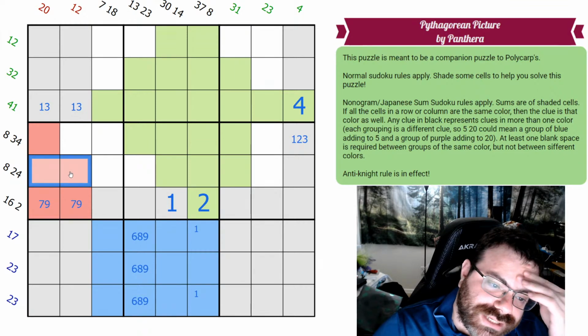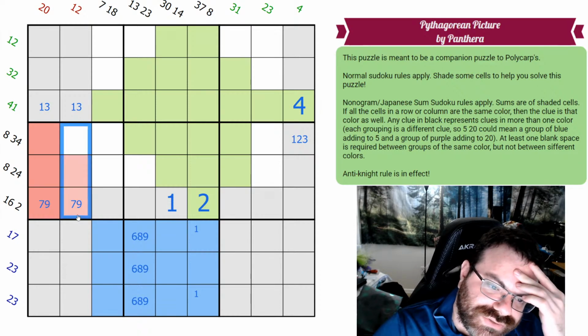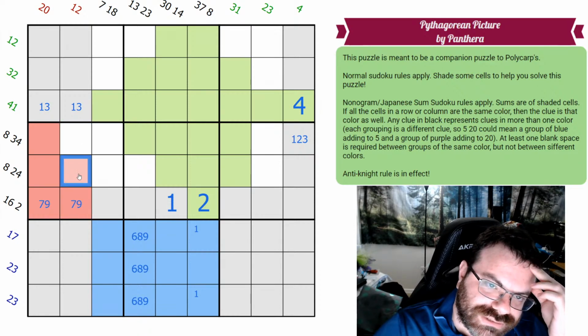Let's see. So 8 and 2, we can't do 1, 7. We could do 2, 6. Wait, this is 7 or 9. Can we do 12 and 3 with a 7 or 9? With the 7, we could. Not with the 9.